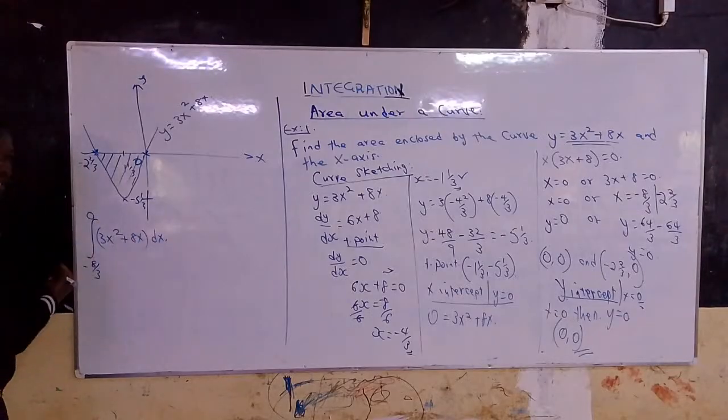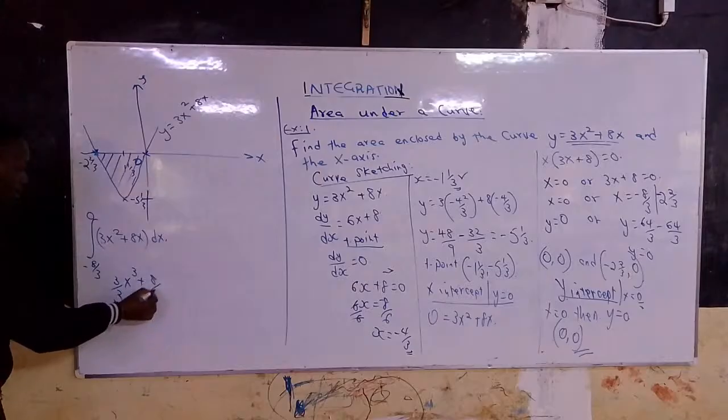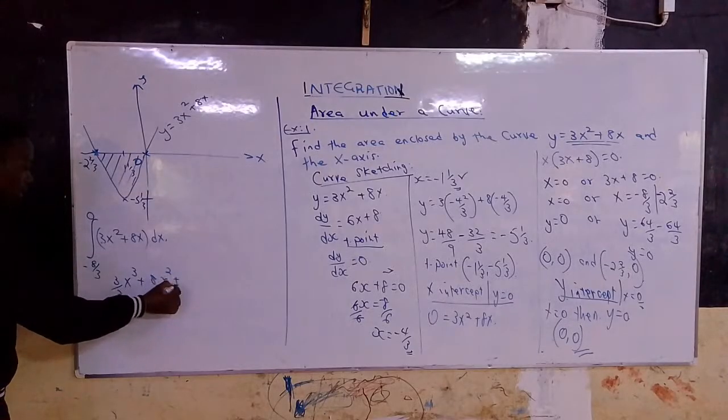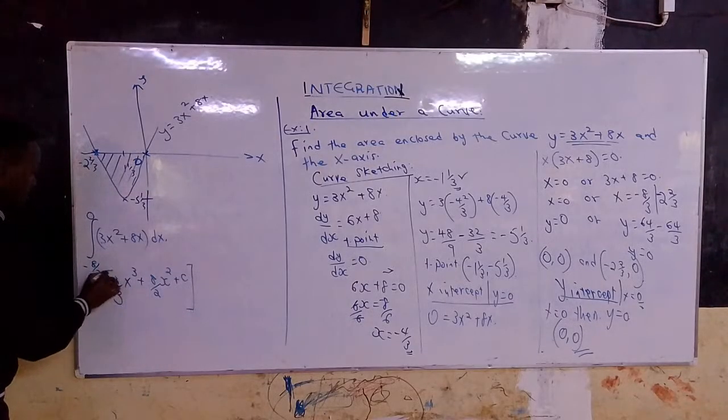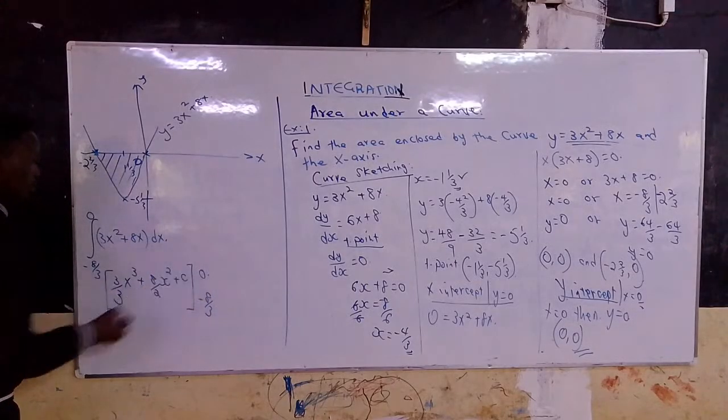Remember how we integrated yesterday. So this first one is going to be 3/3 x cubed plus 8/2 x squared plus c, from negative 8 over 3 to 0.